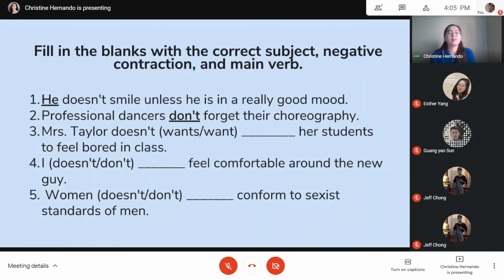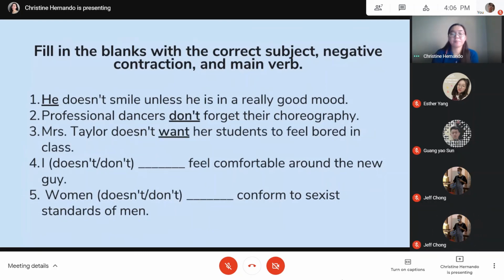How about the third item? Mrs. Taylor doesn't blank her students to feel bored in class. We have here the verb wants and the verb want. Now, Jeff, what verb form should we use? My answer, ma'am, is want.